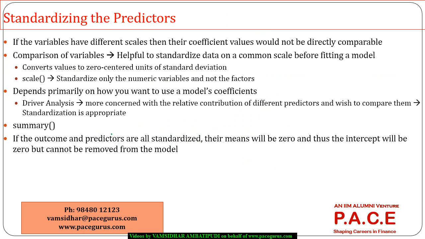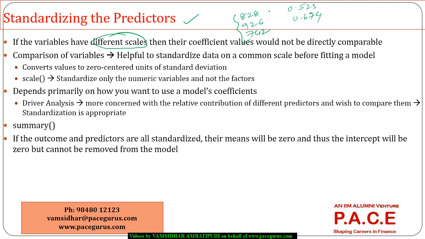Then, moving to the next aspect, in some cases, there is a need to standardize the predictors, especially if the variables are having different scales. So some of them are the values are 825, 828, 926, 742, in some high 100s, whereas another variable is having 0.523, 0.674, some such kind of numbers.